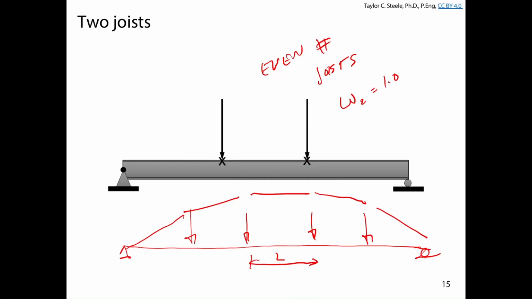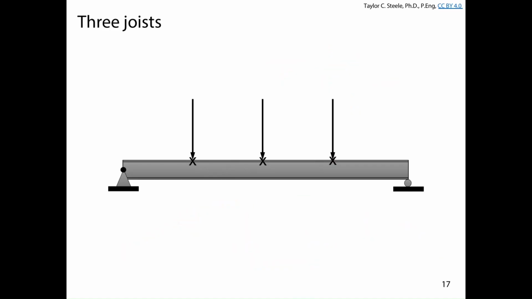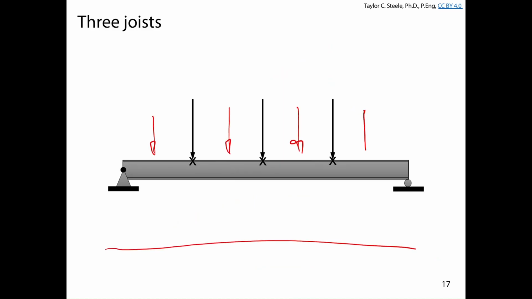For an odd number of joists, you're going to get closer and closer to constant. If instead we had, let's just say, 7 point loads, our moment diagram is going to look something like this, drawn very crudely, of course.